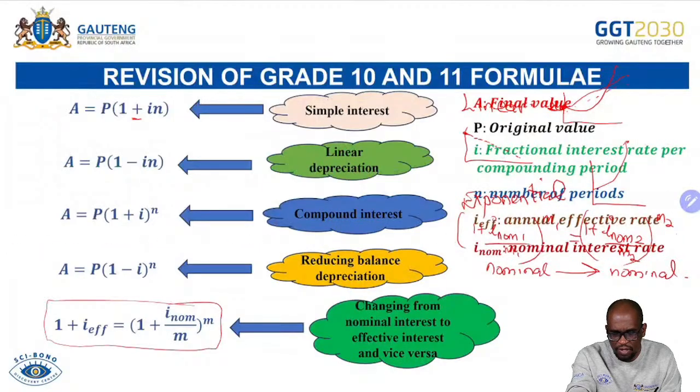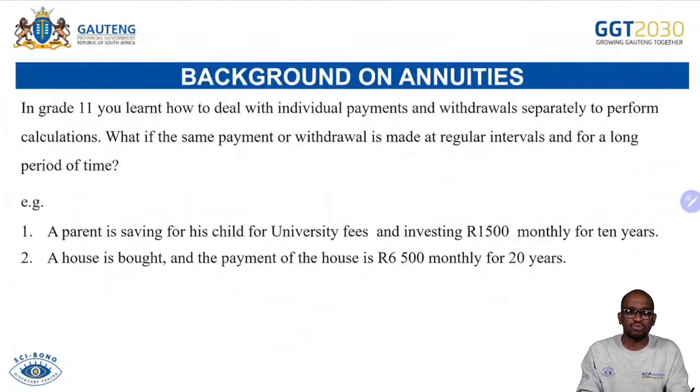And then i nominal, that is the nominal interest rate, okay? So those are the explanation of each parameter that is in these equations, all right? So these are things that you already know from grade 10 and 11, okay? So now let's go to annuities.